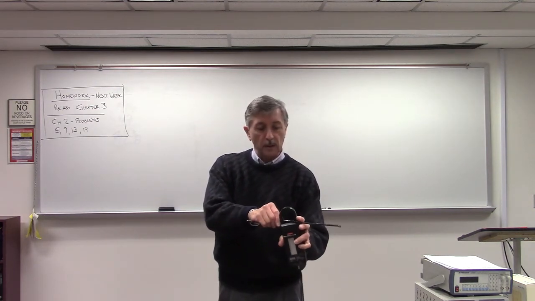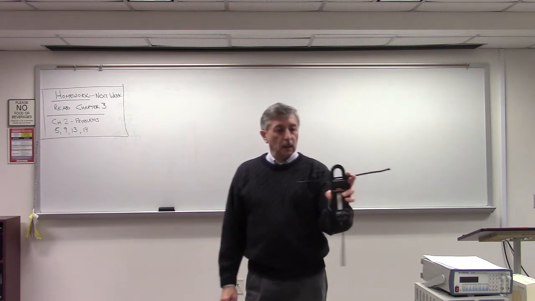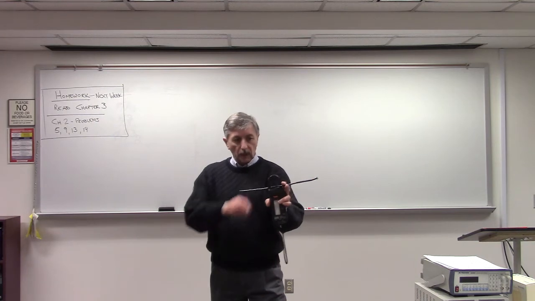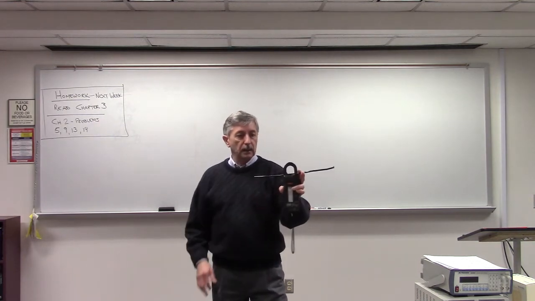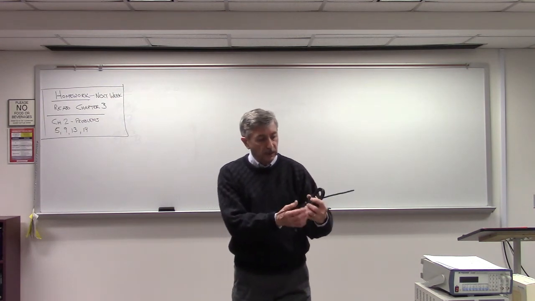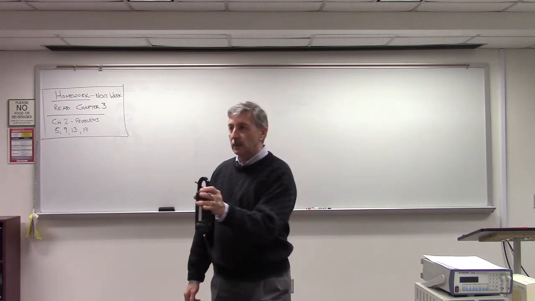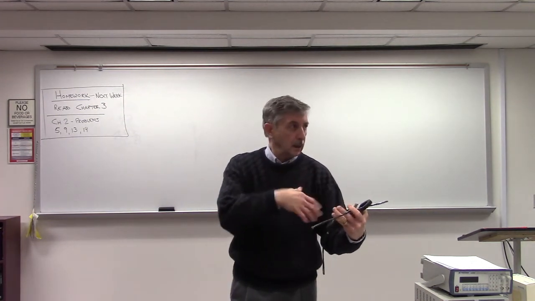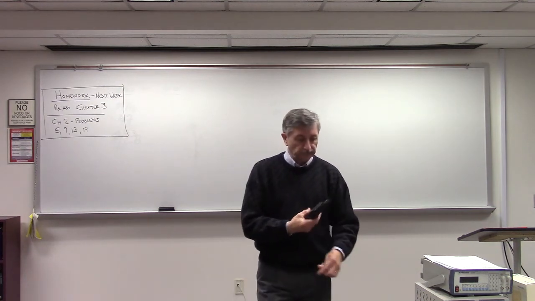Current flowing through a wire produces a magnetic field, and when I clamp onto that wire, there's an iron core in here that intercepts the magnetic field, converts it to a current or a voltage reading, and this happens to be an analog meter because it's got a needle there. So you can see if I'm measuring current, it could be anything, any number whatsoever.